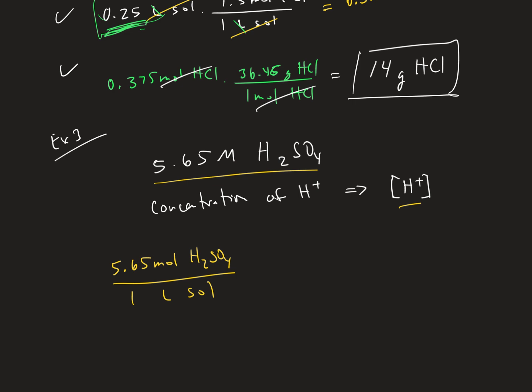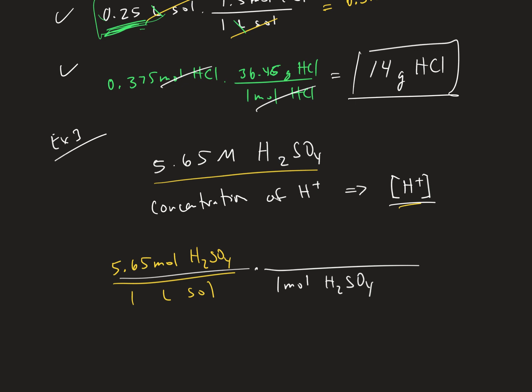All right. Now, if we ignore the 1 liter of solution for now, we're going to convert moles of H2SO4 into moles of H+. If we have 1 mole of H2SO4, how many moles of H+ do we have?